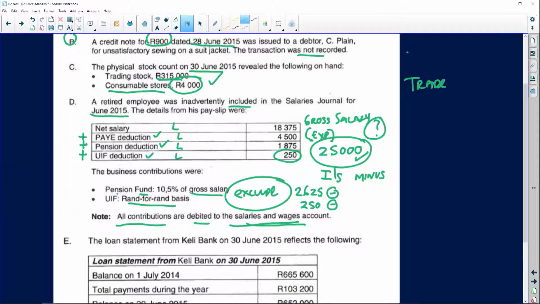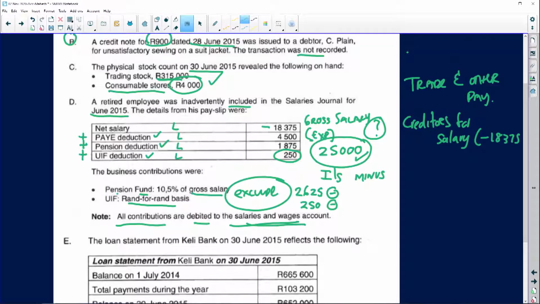So if you were also doing trade and other payables, please remember that all your liabilities, so creditors for salary, is your net salary. So you would have brought down creditors for salary. Please remember, you would then minus the amount of 18,375 from your trade and other payable note.